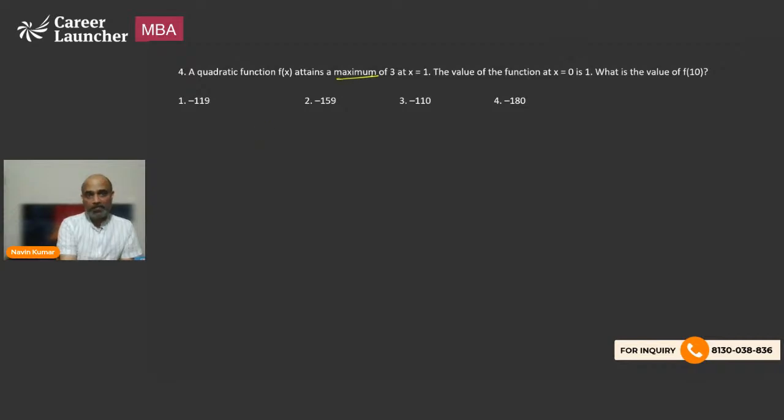Since it says we are going to get a maxima, we are supposed to get a hill-like structure or inverted U structure, right? Because we are dealing with quadratic. So we can say that f of x should look like p times (x minus q) whole square plus r, where p should be negative. So p is negative, that we are sure of. So we should not write minus p there.